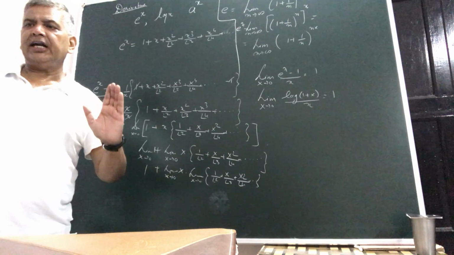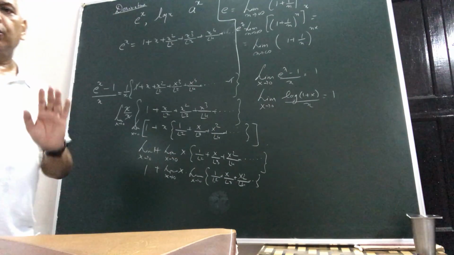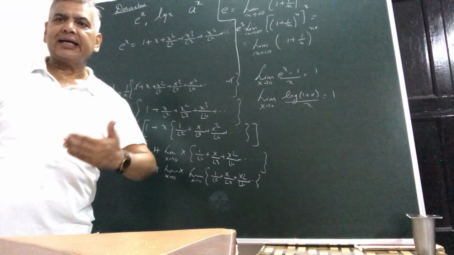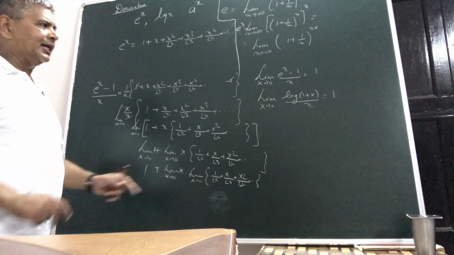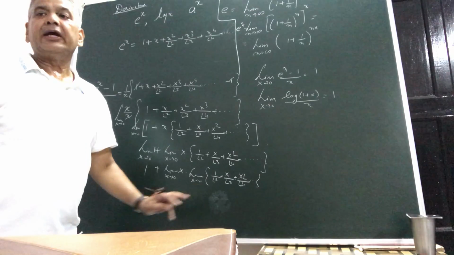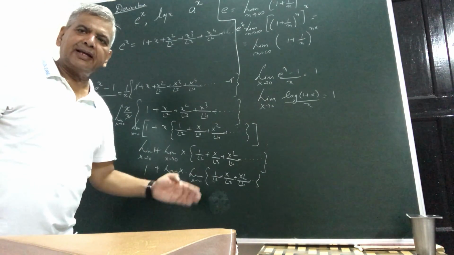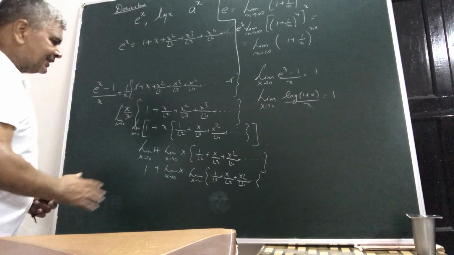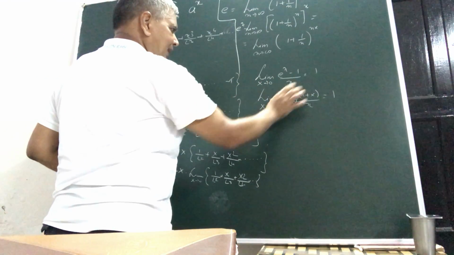So the whole question now revolves around infinite terms: how to get the limit of this thing, and the concept of convergence and divergence, which you would be studying in your higher classes. That is the reason right now we are unable to give the correct full mathematical proof of it. So with this understanding, we will accept that this limit is 1.